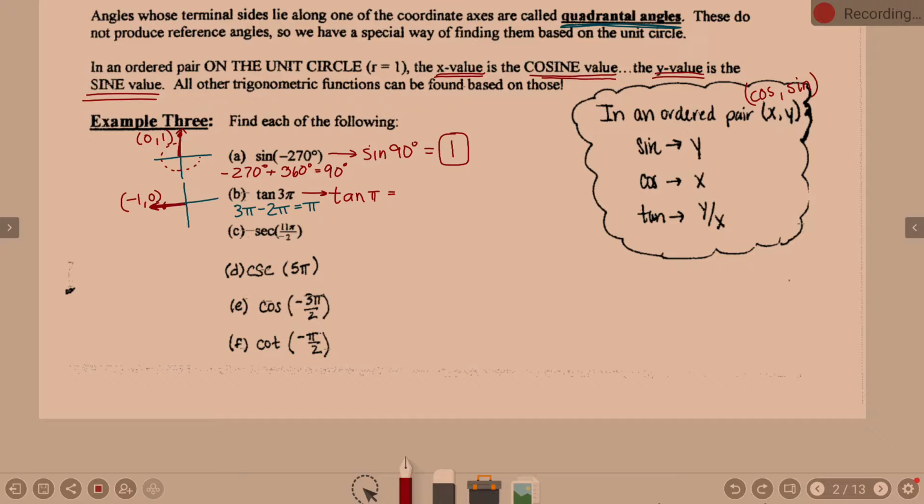What is the tangent? 0 over -1. Okay. Y divided by x. Y is 0. X is -1. What is 0 divided by -1? 0. Or let me rephrase. What is 0 divided by anything? 0.